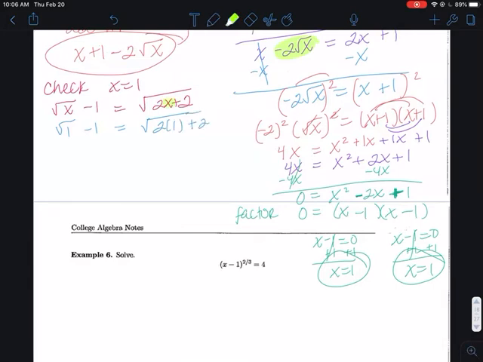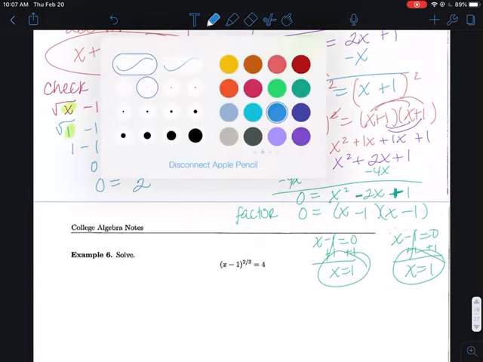So in place of x, I put a 1. The square root of 1 is 1, so this is 1 minus 1. Over here, this becomes 2 plus 2. 1 minus 1 is 0. This becomes the square root of 4. I get 0 equals the square root of 4 is 2. This is definitely not true.